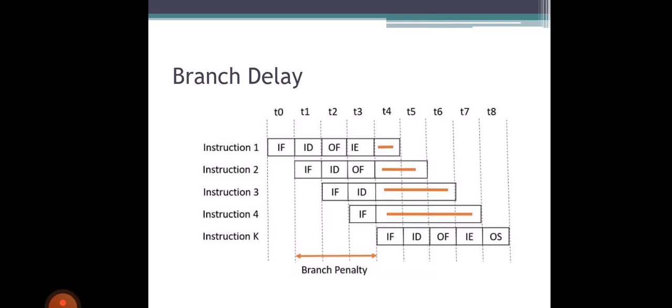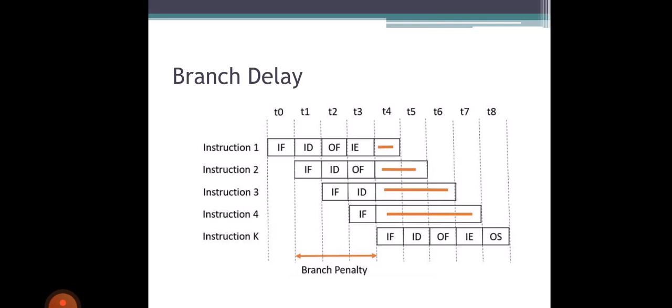But by then, the instructions I2, I3 and I4 are fetched in clock cycles 1, 2 and 3 before the target branch address is computed, as I1 is found to be a branch instruction. The instructions I2, I3, I4 have to be discarded because the instruction IK has to be processed next to I1. So this delay of 3 cycles is a branch delay.